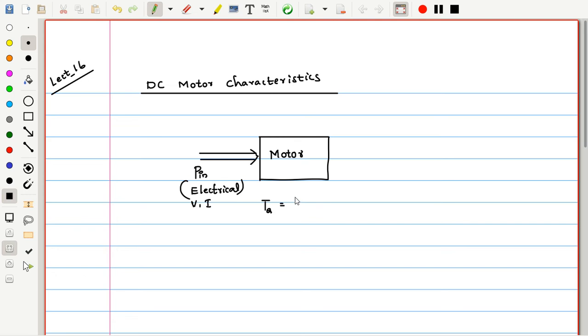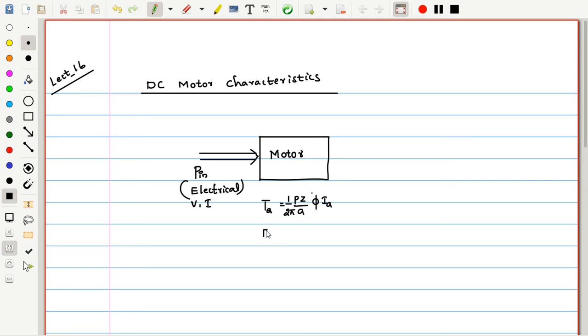Which is P Z by A. Apart from this, 1 by 2 pi also will be there. This P Z by A is the same constant as what we had seen in the EMF equation, into the flux into the armature current. So this is the armature torque.